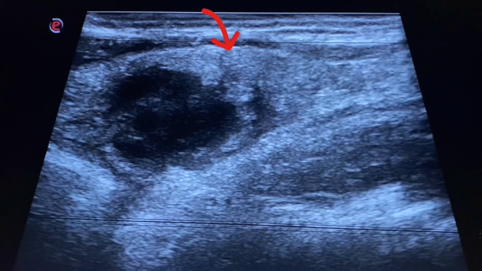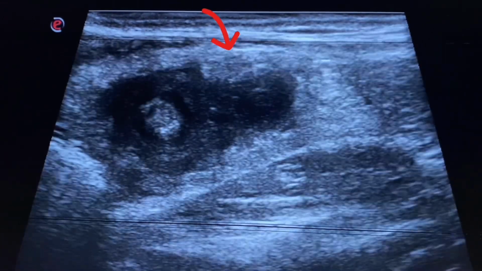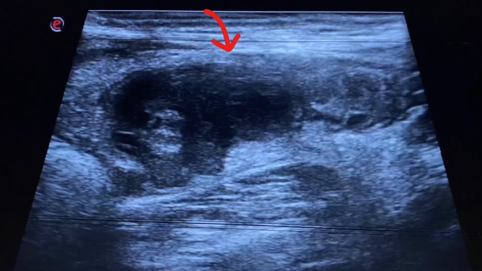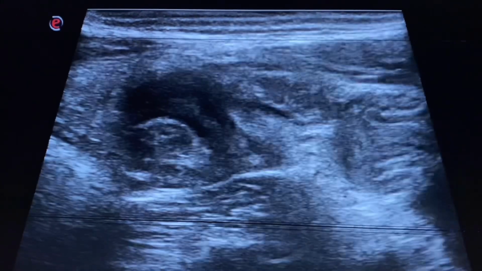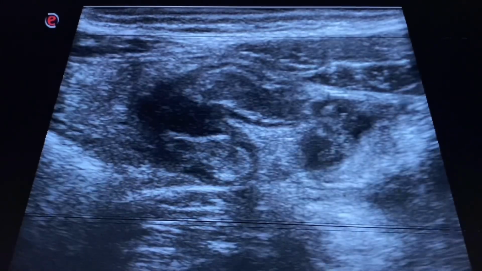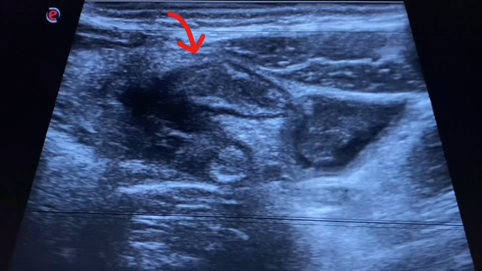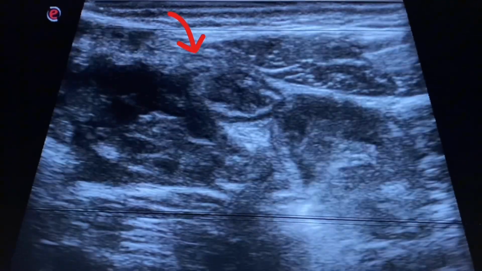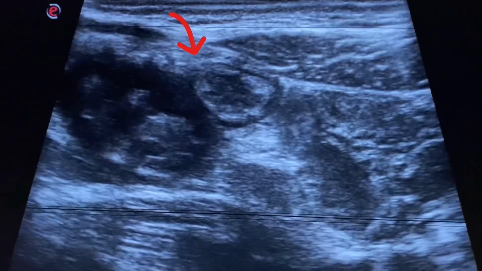The surroundings of tissues are inflamed and edematous. The appendix lies parallel to the distal ileum.